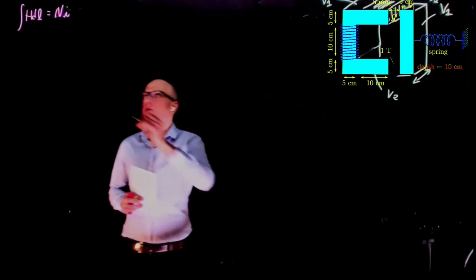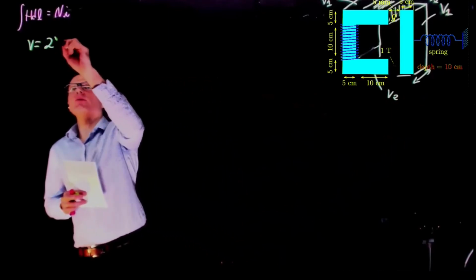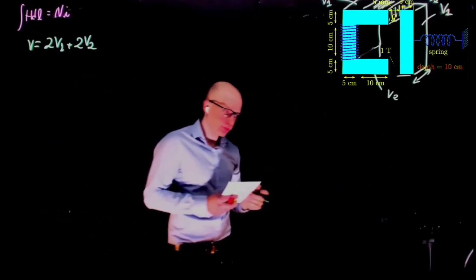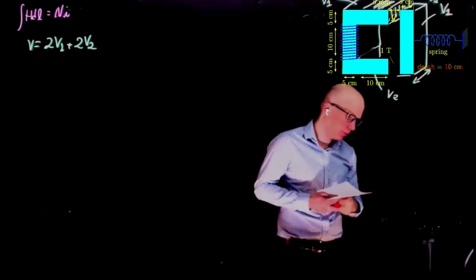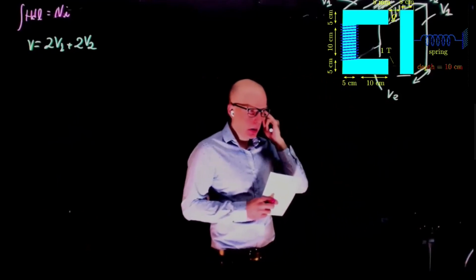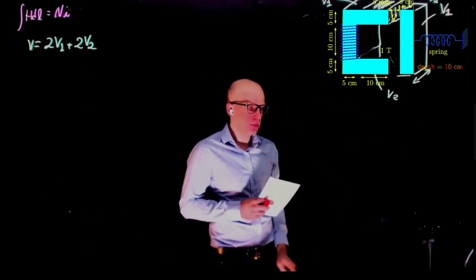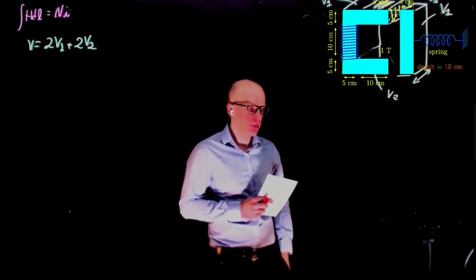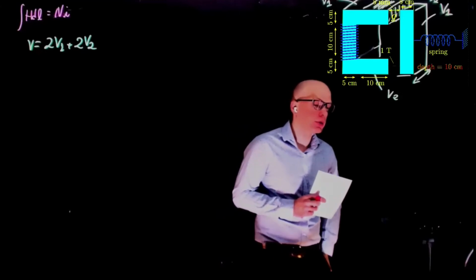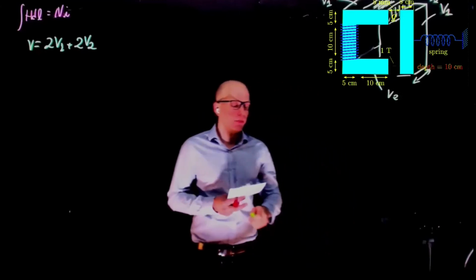So our total volume is 2V1 plus 2V2. Questions? I could have also approached it where I take the volume of a big square minus the volume of a square hole. Yeah, there are many different ways to do this. This is just one.